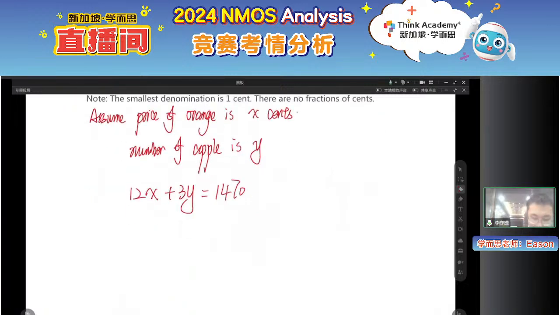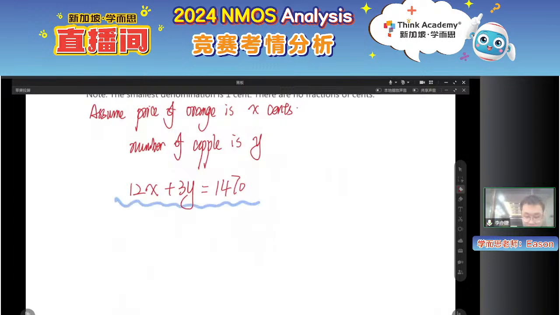Now we get this equation. It's easy for us to see that we can cancel a 3 from both sides. So it's 4x plus y equal to 490.